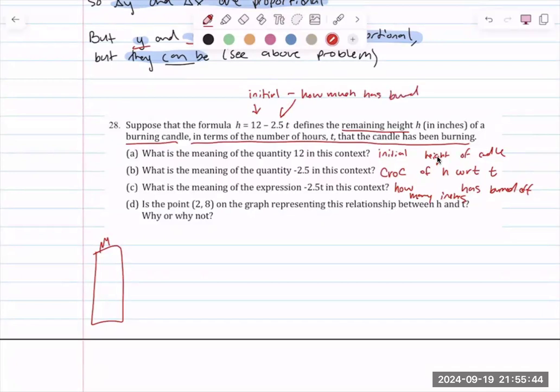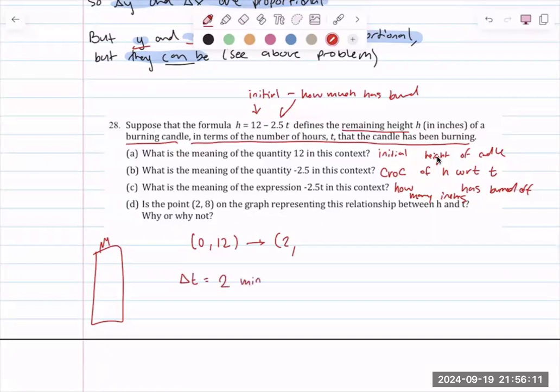So the second question asks, is the point 2, 8 on the graph representing this relationship, why or why not? Well, let's check. So we know that the point 0, 12 is there, right? So when we first start burning the candle, all 12 inches are left, right? And so to get to 2, well, what is my change in time? How many hours have passed? 2 hours have passed.